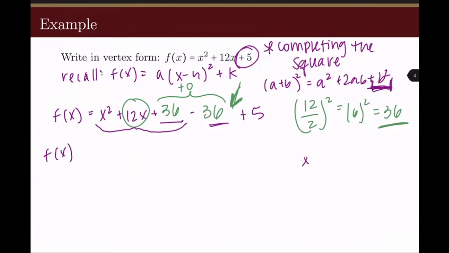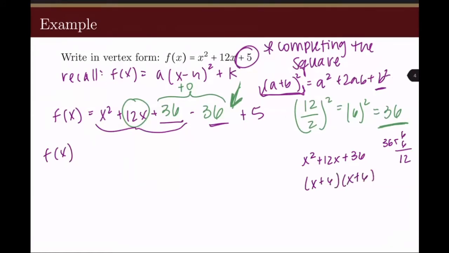So what you can do is you can realize all you did was find this last b squared term to be able to take this trinomial and revert it back into a binomial, or you can also try to factor it. So if you did factor it, you would get 36, which is 6 times 6, and 6 plus 6 is 12. So that means you'd have x plus 6 times x plus 6, which equals x plus 6 squared.